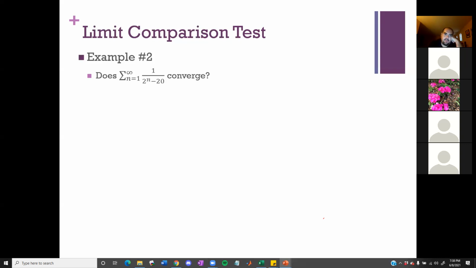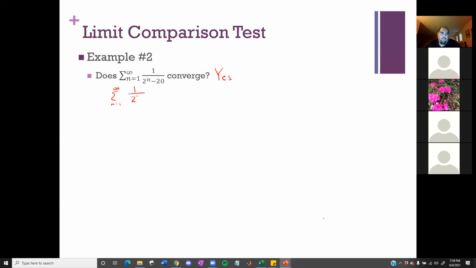How about this one here? Do we think this converges? Yes, got to vote for yes. And why do you think that's the case? The comparison. What are we comparing with? 2 raised to n.